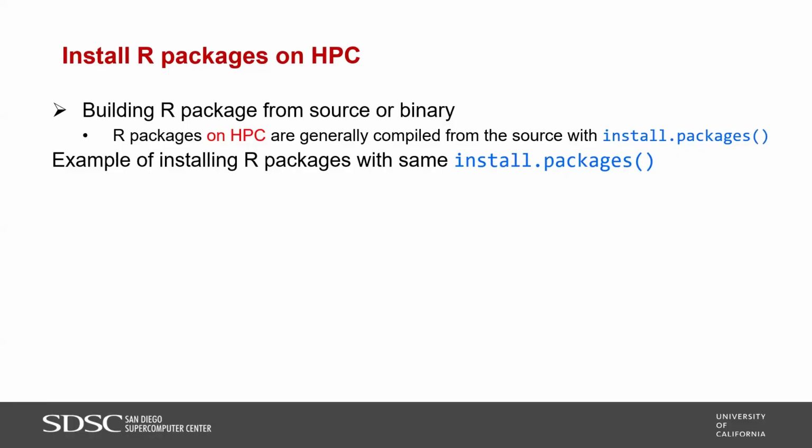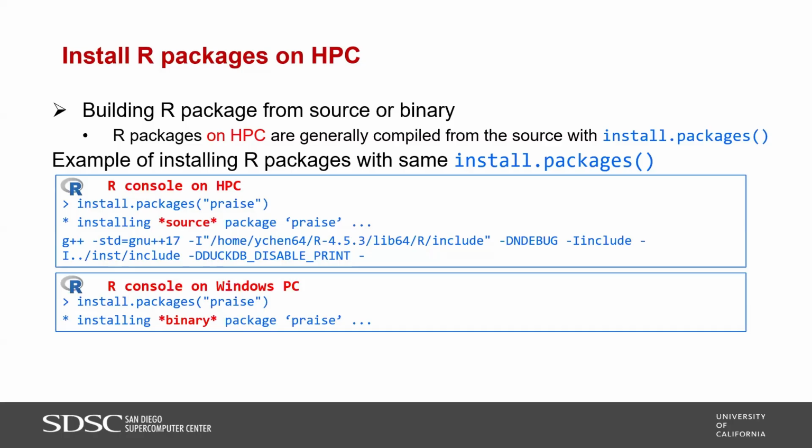So here is a very common thing you will find when installing R packages. The R packages can be built either from source or binary. The R packages on HPC are generally compiled from source if you run the install.packages function. Here are some examples.